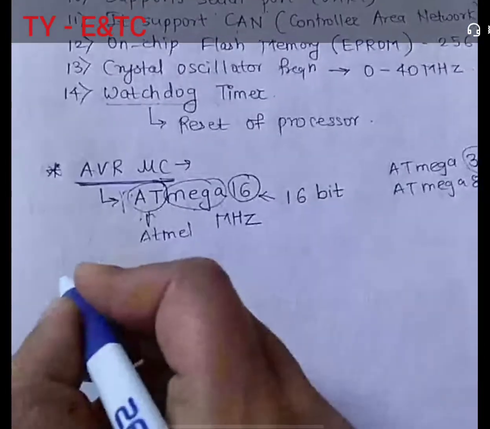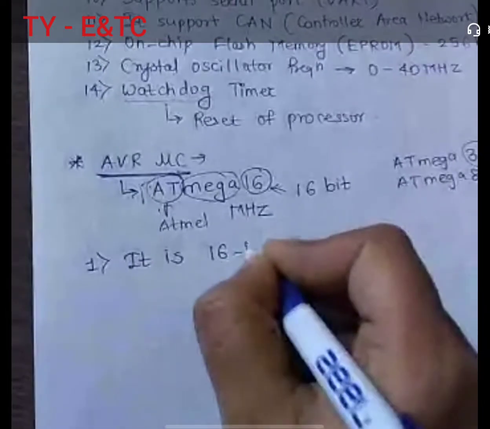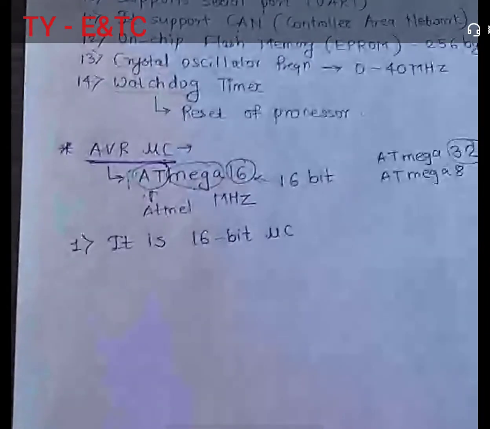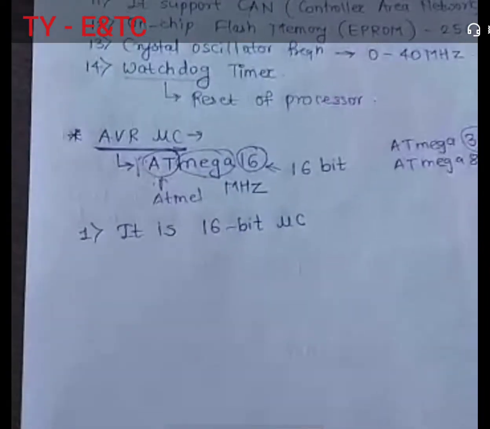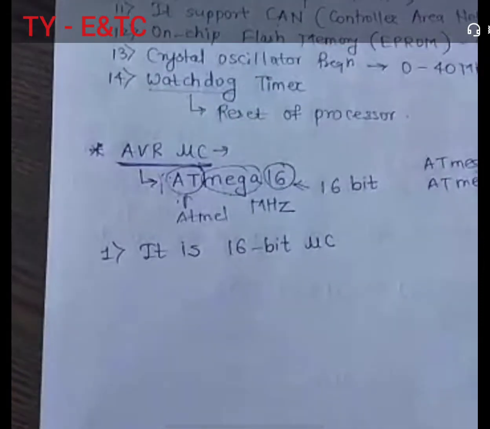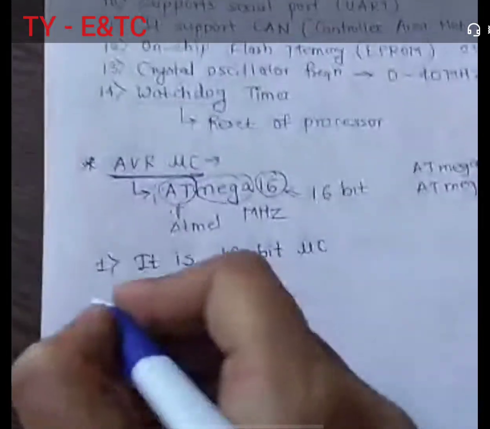Okay. Now we will discuss the features of this. The very first feature is that it is a 16-bit microcontroller. See, 89C51 was 8-bit, PIC microcontroller was 8-bit, and now AVR microcontroller is 16-bit. So it is having the capability to process 16-bit of data, correct?